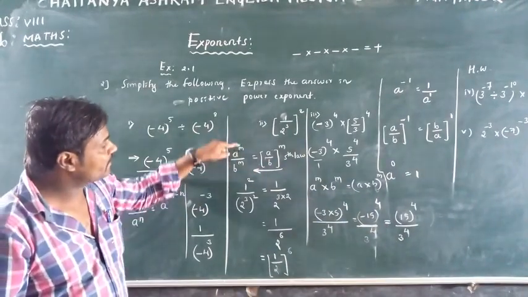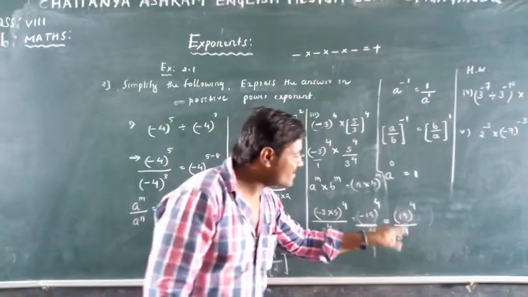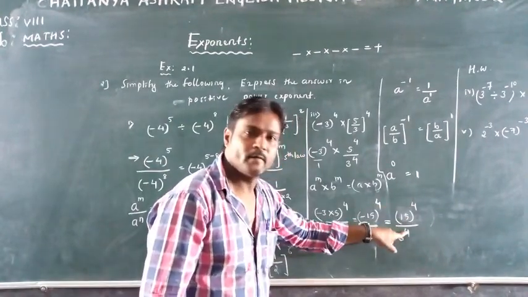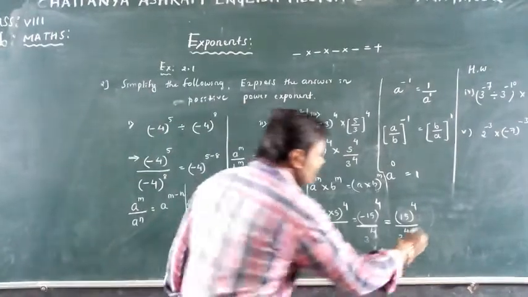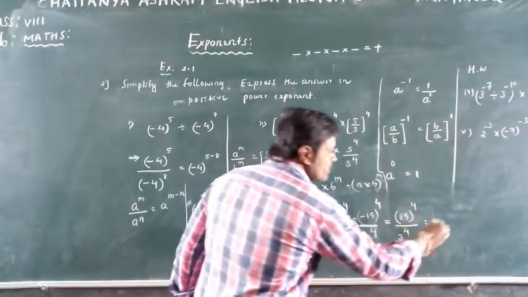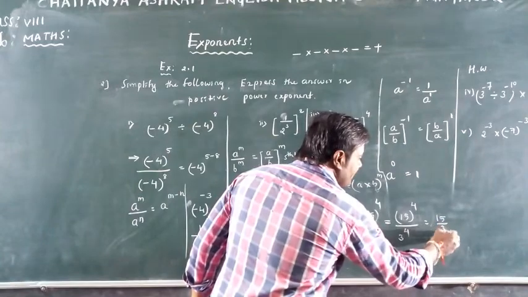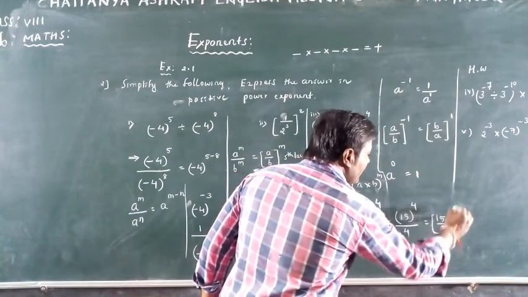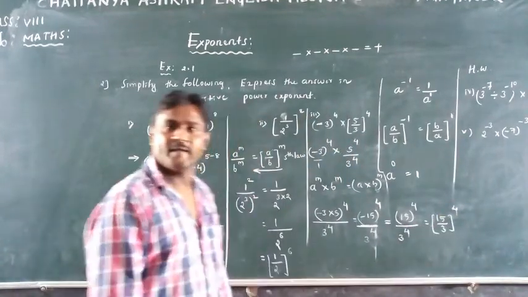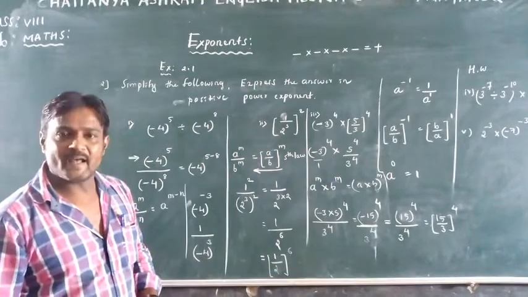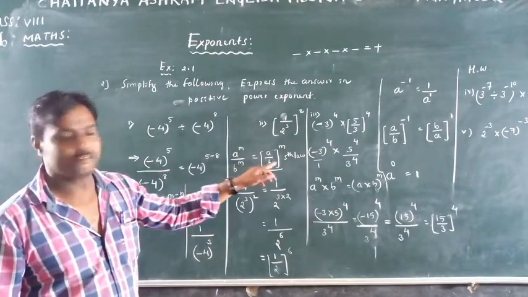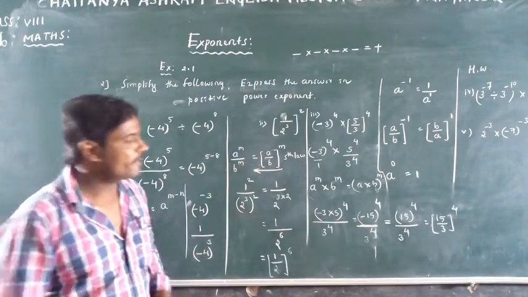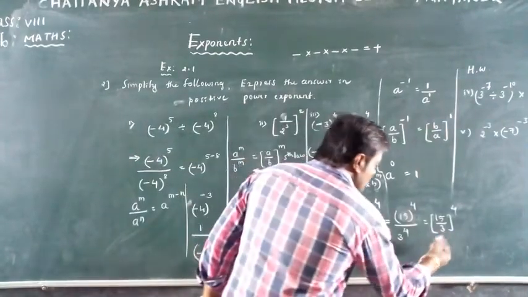Bases are different, powers are same. So apply, don't worry, apply the second law of exponent. By the second law of exponent, this is equals to 15 by 3 raised to the power 4. Clear? So which law did I use there? I used the fifth law of exponent. Clear? Then simplify it.